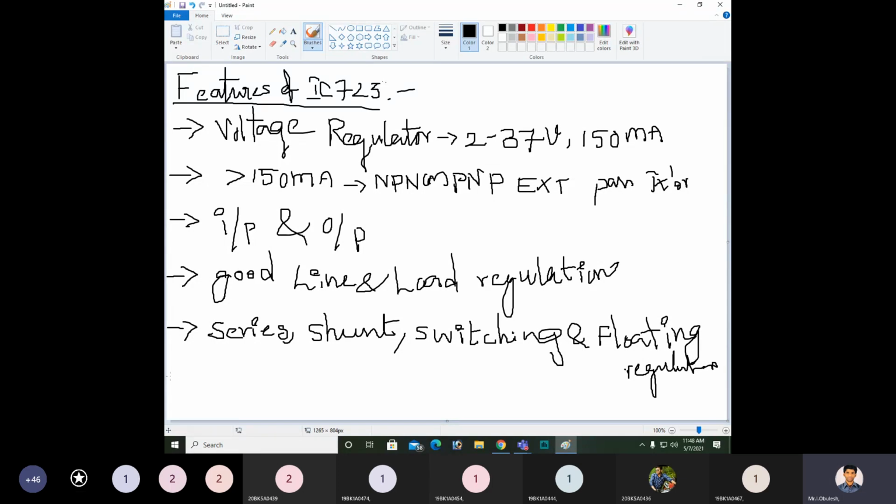Then the last feature of IC723 is low temperature drift and high ripple rejection.